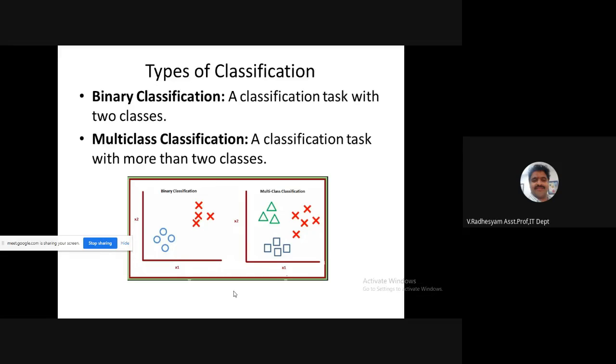If one question like this is given in the examination, what is binary classification, what is multi-class classification, explain through examples, 7 marks, suppose. You need to write all those things, not simply this complete slide. In addition, you need to add these examples, whatever I discussed, right? That type of discussion should be there. Otherwise, you cannot score good marks.